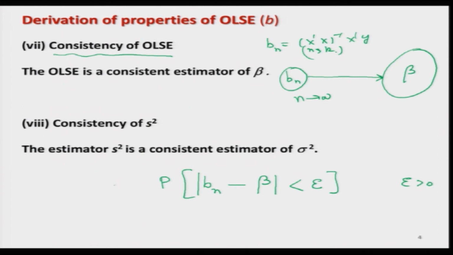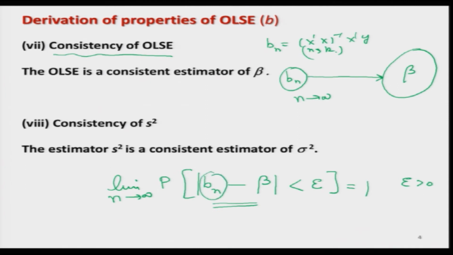If you increase the sample size, and I compute this probability as the limit as n tends to infinity, that means the sample size becomes larger and larger, then what do you expect? This probability should be equal to 1. That means the difference between Bn and beta becomes 0. If this is happening, then you would say that Bn is a consistent estimator of beta.